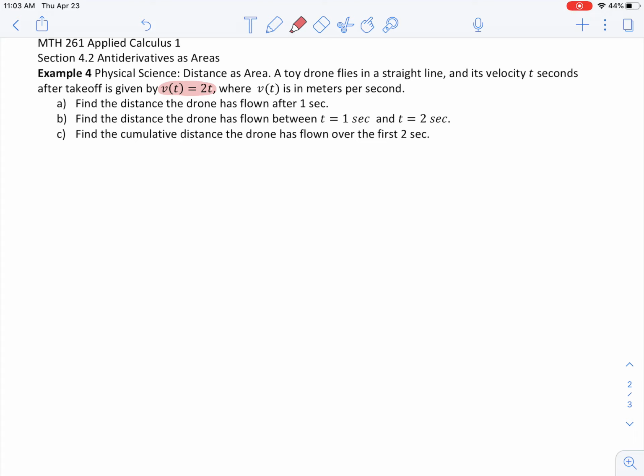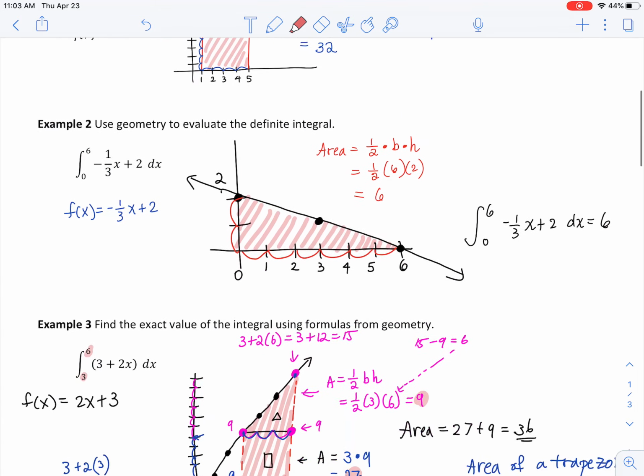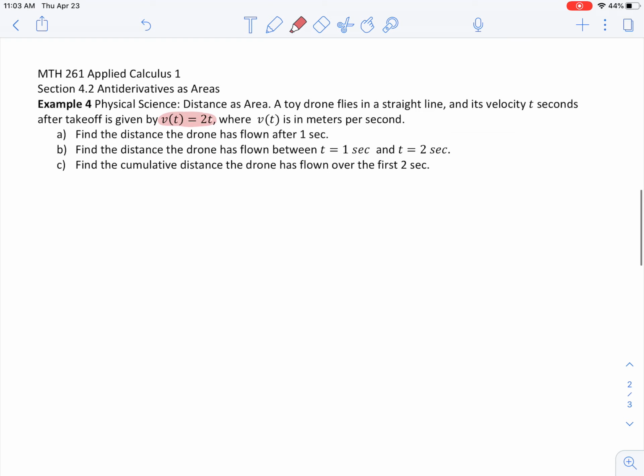Now, I'm going to be very careful with units here. And then I will show you why this finding area business actually solves these definite integral problems for us and gets us the answers that we really want. I haven't really been paying much attention to the units so far. I was just busy showing you how to do these area problems.